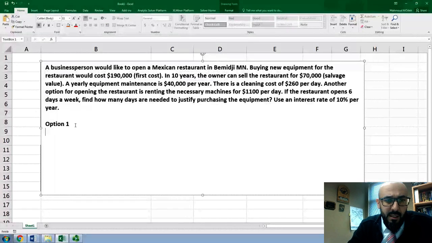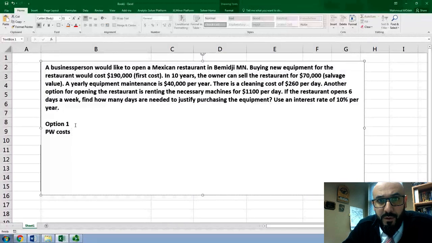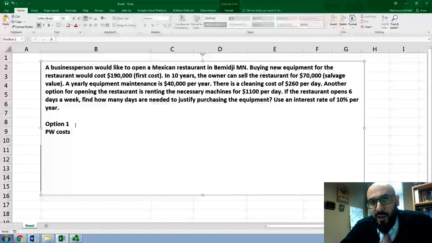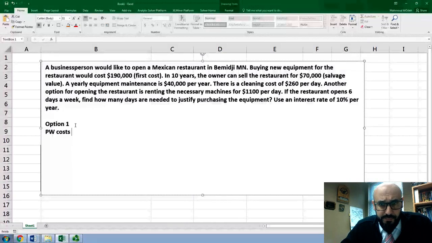Find the present worth for all these costs, and then add it to the variable cost. The variable cost for option 1 is the cleaning per day, which is $260, and for option 2, there's only one variable cost, which is $1,100 per day, renting the equipment.